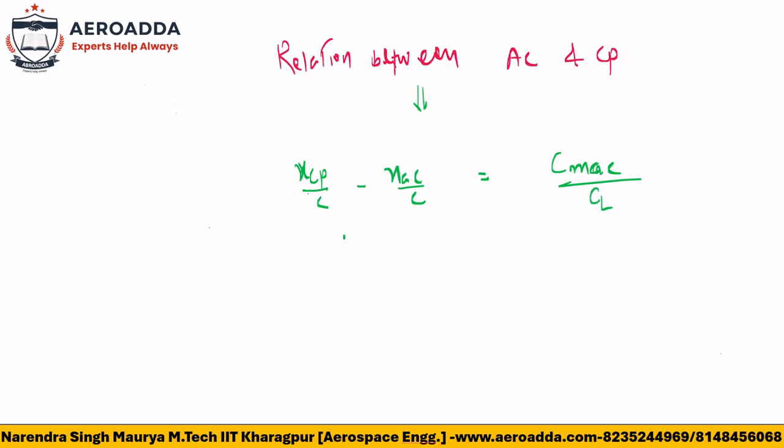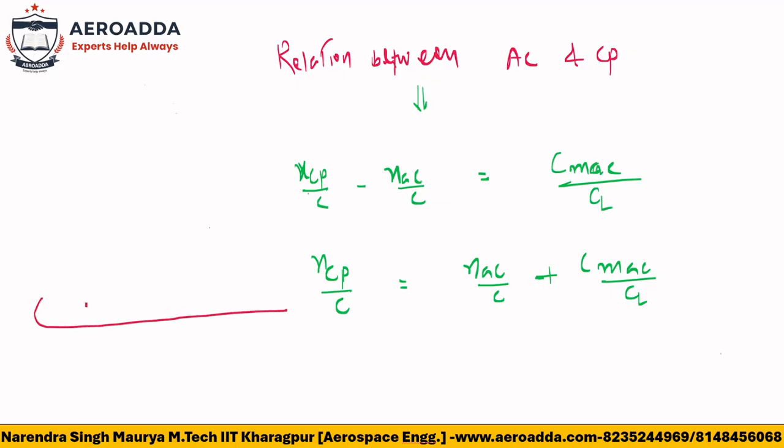Or you can say XCP by C is equal to XAC by C plus CMAC by CL. Generally moment about aerodynamic center is positive. So check the location of the center of pressure and aerodynamic center for a wing from the leading edge.